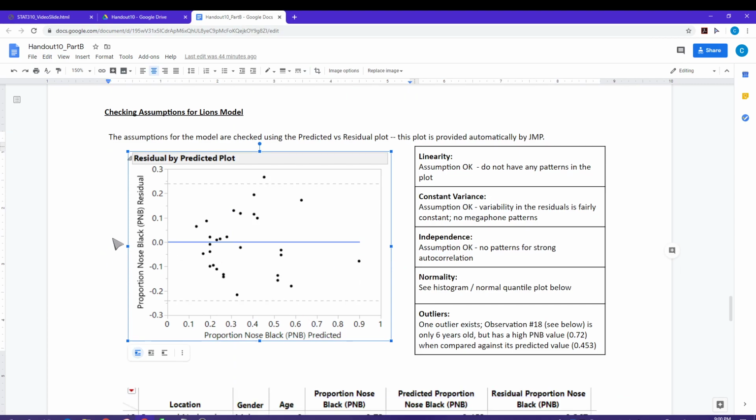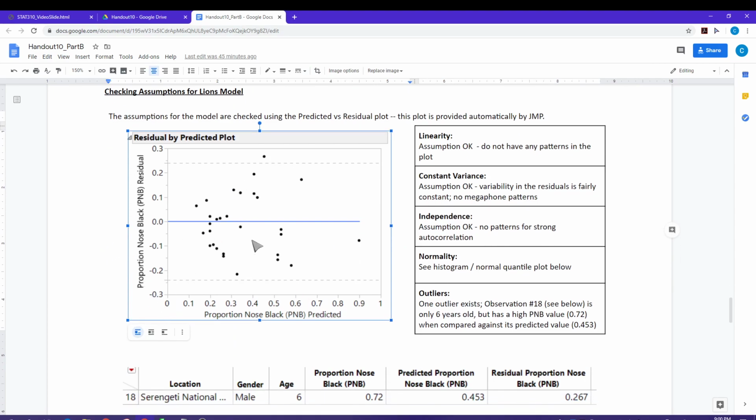So what do I want to see in this plot? I want to see, again, random scatter above and below that horizontal line. So linearity, yep, that looks okay because I don't have any profound patterns in this plot. I don't have like a parabola pattern or anything like that. I have constant variance here. That looks okay.